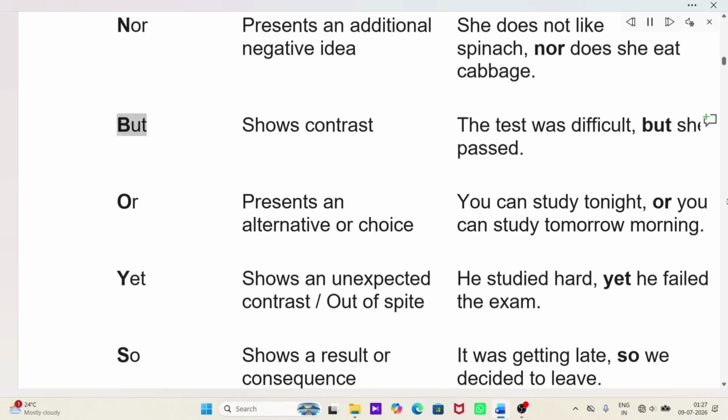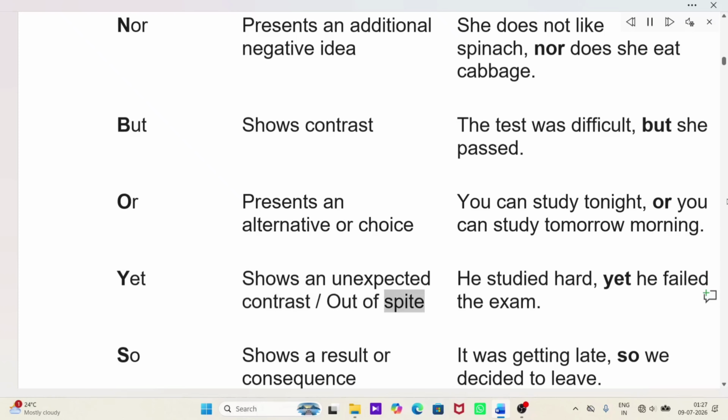But: shows contrast. The test was difficult, but she passed. Or: presents an alternative or choice. You can study tonight, or you can study tomorrow morning. Yet: shows an unexpected contrast.